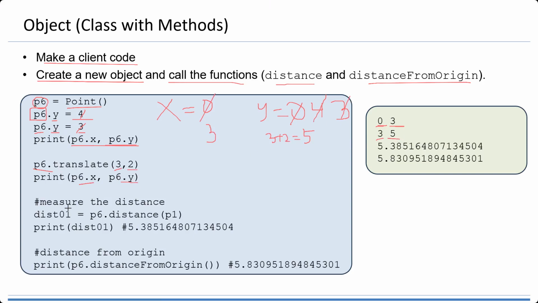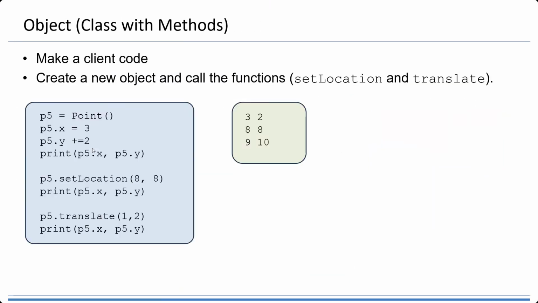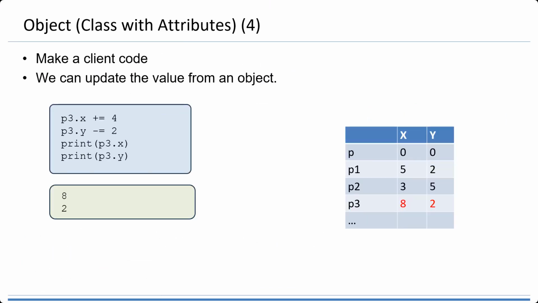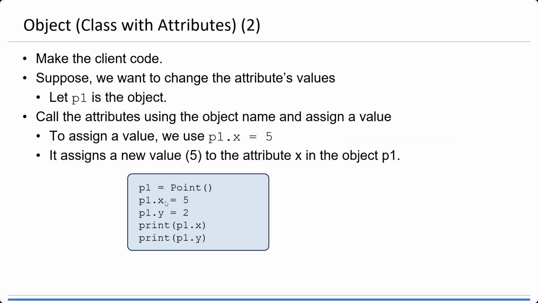Now I'm going to measure the distance and put it into one variable. I'm going to measure the distance of P6 and P1. What is P1? I think in the previous one we have P1, this P1 is 5 and 2.